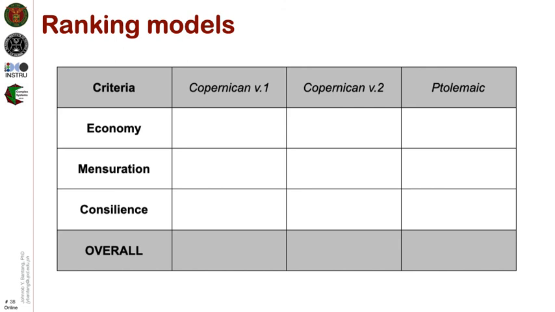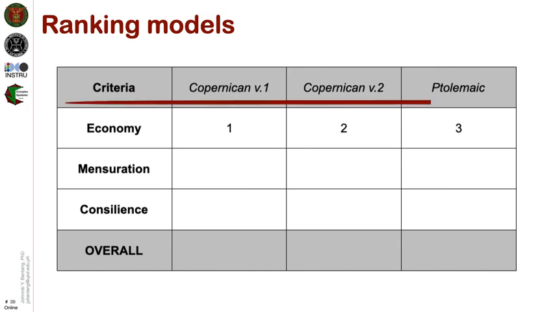The 3 criteria listed here are: economy, or simplicity of explanation for the same phenomena; mensuration, or capability of the model to provide predictions or measures commensurate to the measured real-world observations; and the third, consilience, or consistency with other scientifically established laws or most recent system so far known to be correct. One can simply provide a ranking of the models to make it simpler based on each of these criteria. And then later on, we'll get the overall ranking.